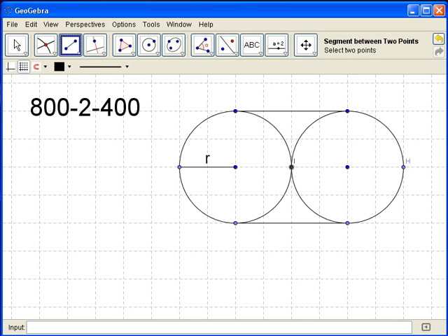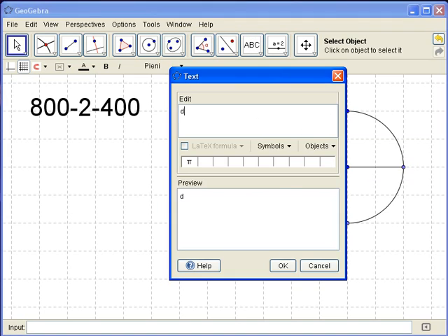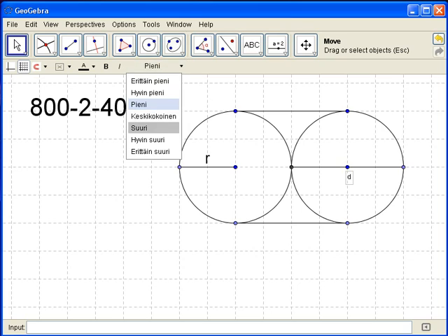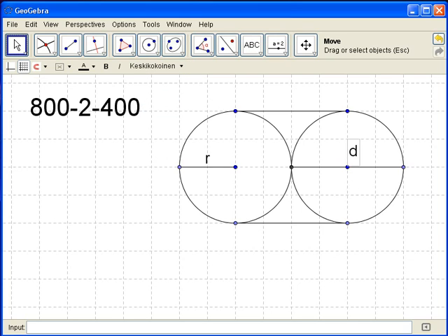Good. And hide that. And here is the diameter. Of course.